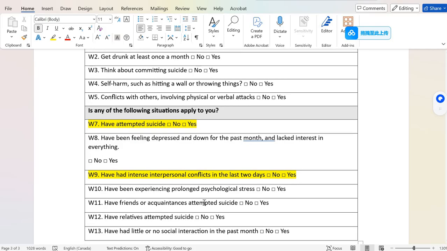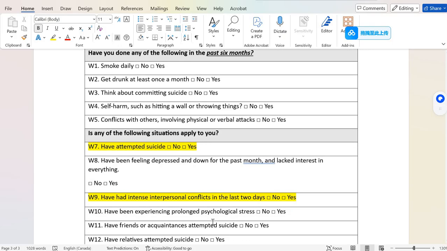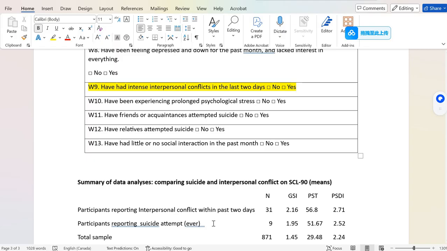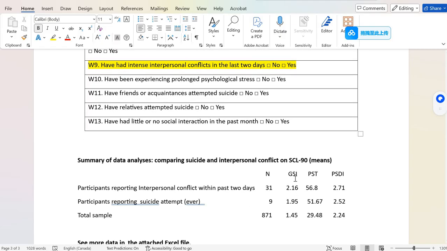You give a description of the questionnaires. When you're describing the SCL-90, you describe the different global scores: the global symptom index, positive symptom total, positive symptom distress index, what they mean, how they were calculated.